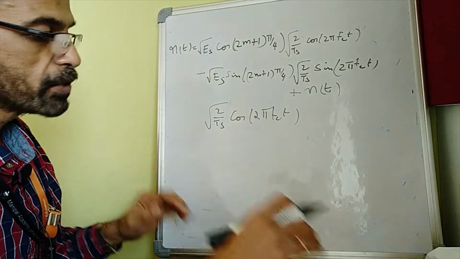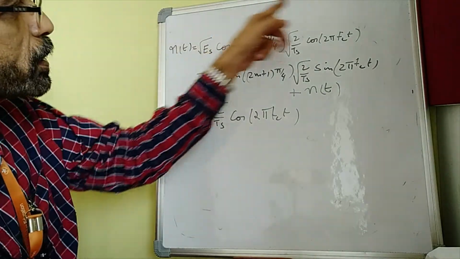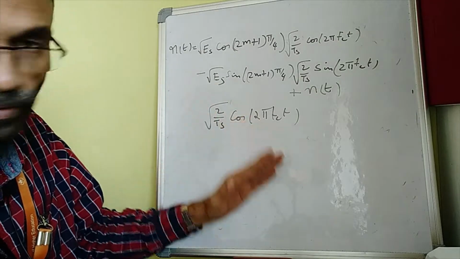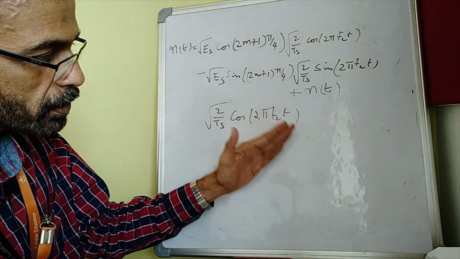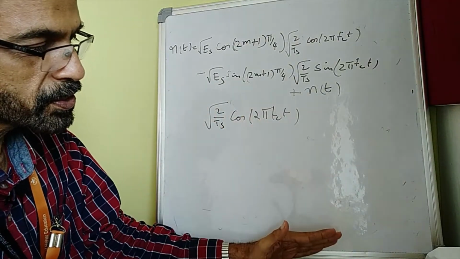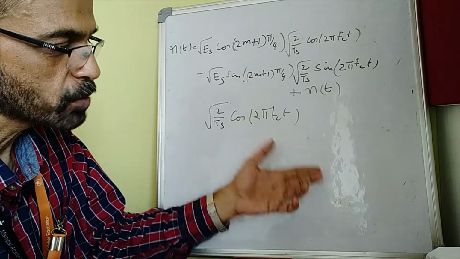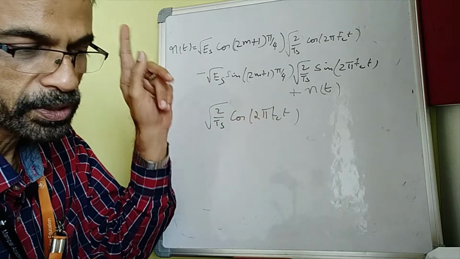R1 will be the received signal multiplied by root of 2 by Ts cos 2 pi fc t and integrated from 0 to Ts. We have done such integration a lot of times before, so I will not do it explicitly here, but I will give you the result by explaining the steps.